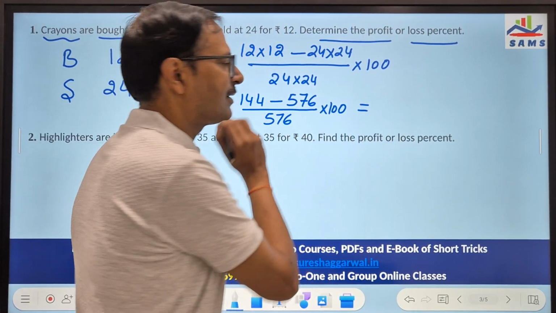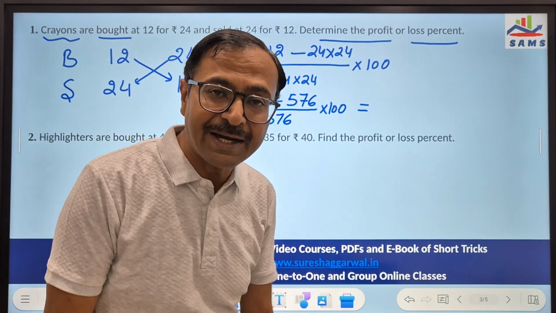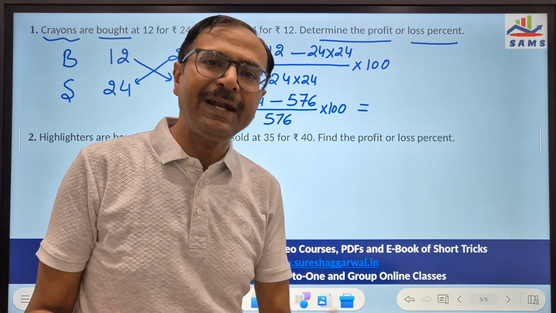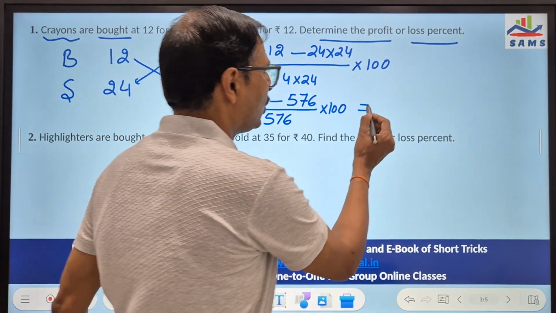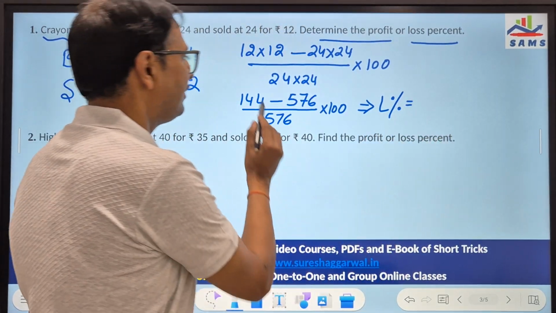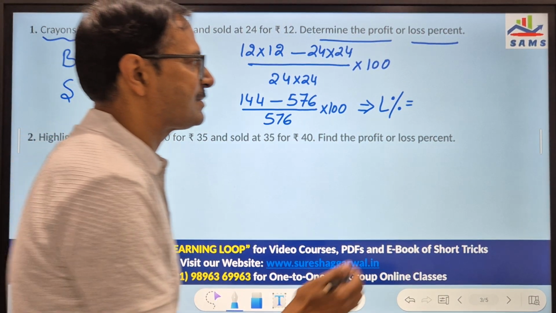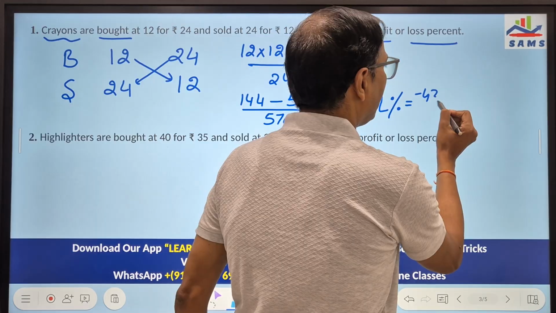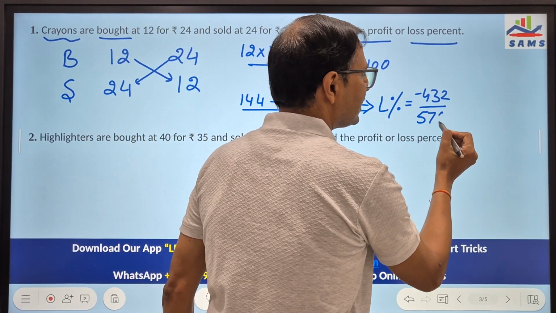Now see what happens here. The numerator 144 minus 576 is a negative quantity, and when you get a negative quantity, it means there is loss percent, and so we will write loss percent is equal to, and we will just subtract these two. I've already done it for you so that I can save time. This is minus 432 upon the same thing 576 and multiply the result by 100.